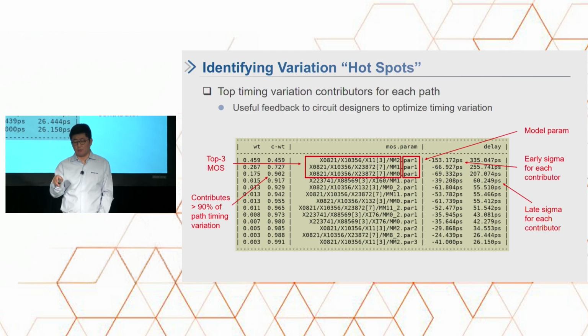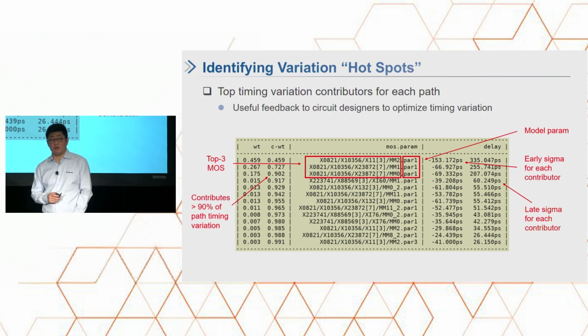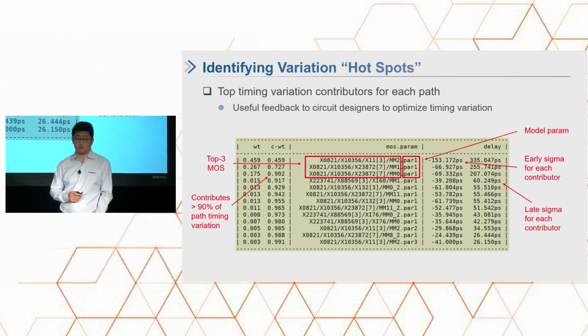So you can see the top 3 parameters already have 90% of the overall contribution. So we can focus on the top 3 and maybe change the design a little bit to make them less sensitive to variation. This can be a very, very useful tool for designers to adjust the design.